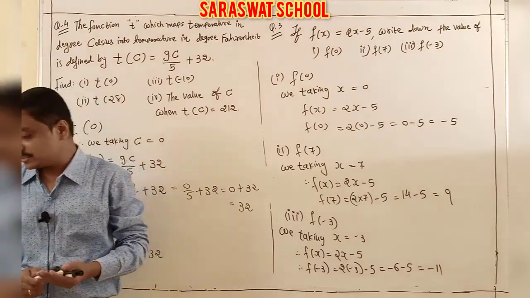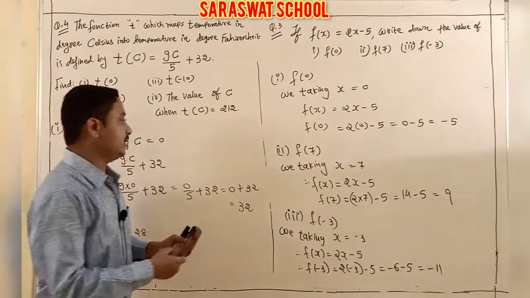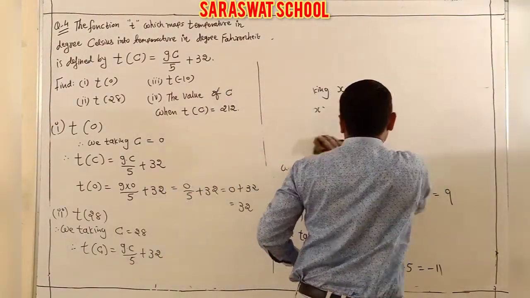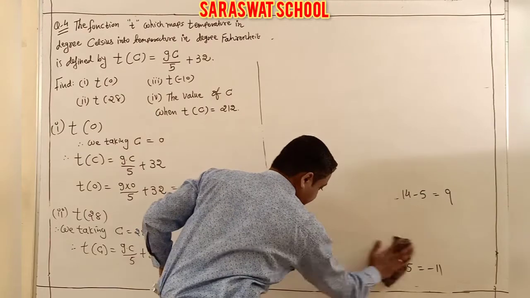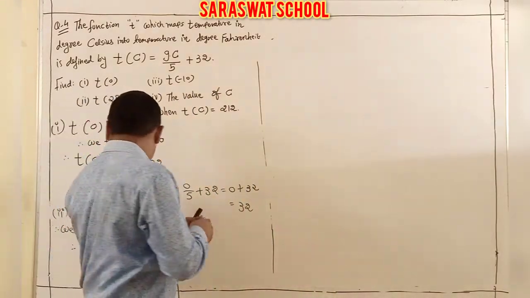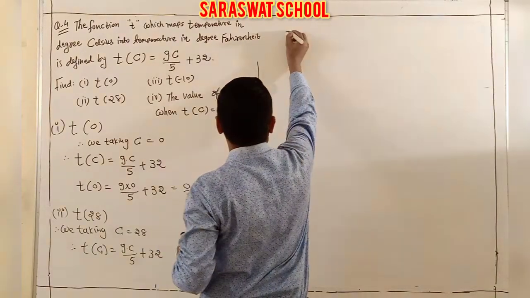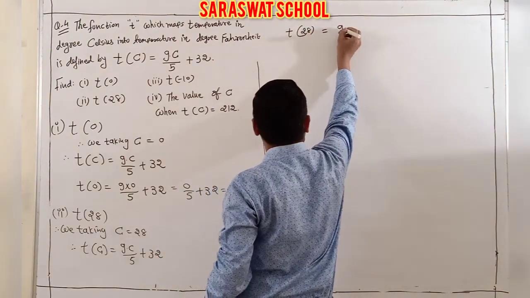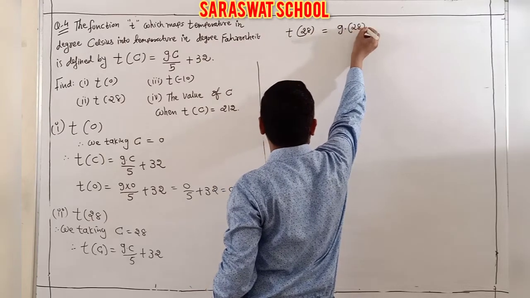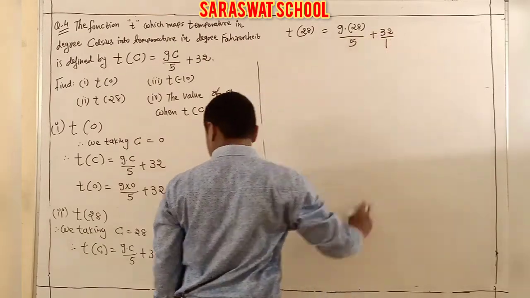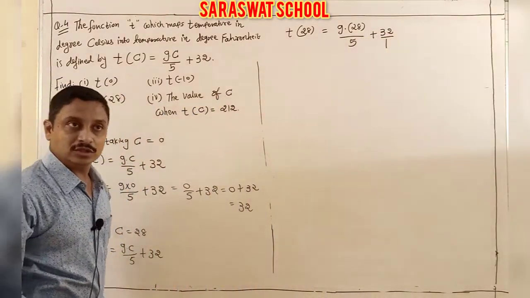I just apply this value in your formula. So T of C, our C is 28, so 9C means 9 times 28 by 5 plus 32.